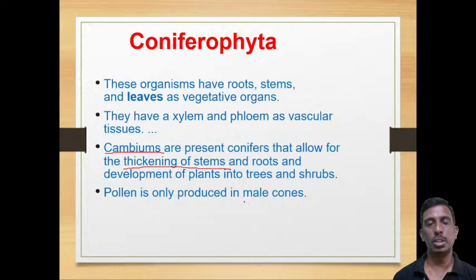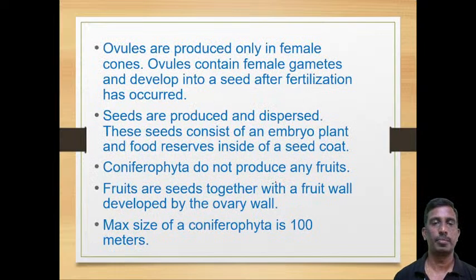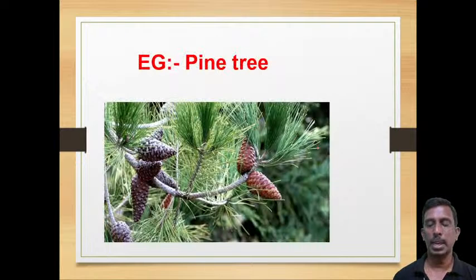Pollen is produced in male cones. Ovules are produced in female cones. Conifers do not have fruits, only seeds are produced. Okay. The maximum height of conifers is 100 meters. Pinus is the best example, which is monoecious.